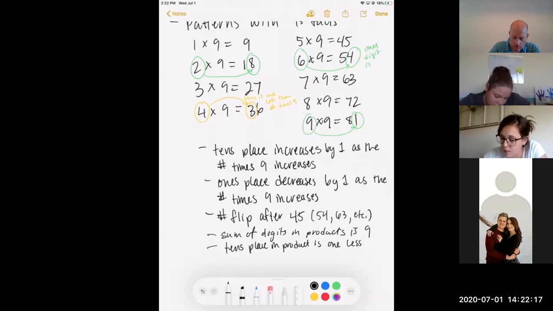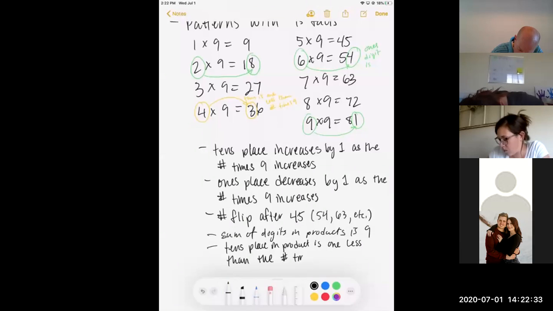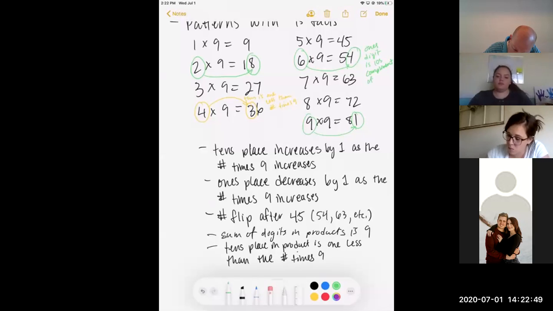Okay, so the two new ones that I pointed out, in addition to whatever else you guys have seen, which is good, is that the tens place is 1 less than the number times 9. The ones digit is the tens complement of the number times 9.